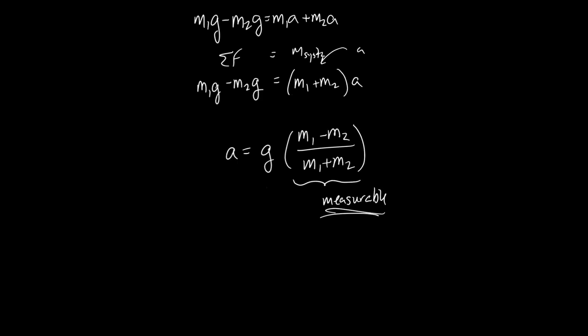Meaning if I just have a couple of masses laying on a desk, I could hang them on either side of a pulley and it would be a measurable thing. I could measure the mass of one, the mass of the other. And over here, I think this is measurable. We know several ways to measure acceleration, motion sensors, timing it, stuff like that. This, however, would be independent. I could pick specific masses. This would be dependent. I would only be able to measure the resulting acceleration. Are you following me?